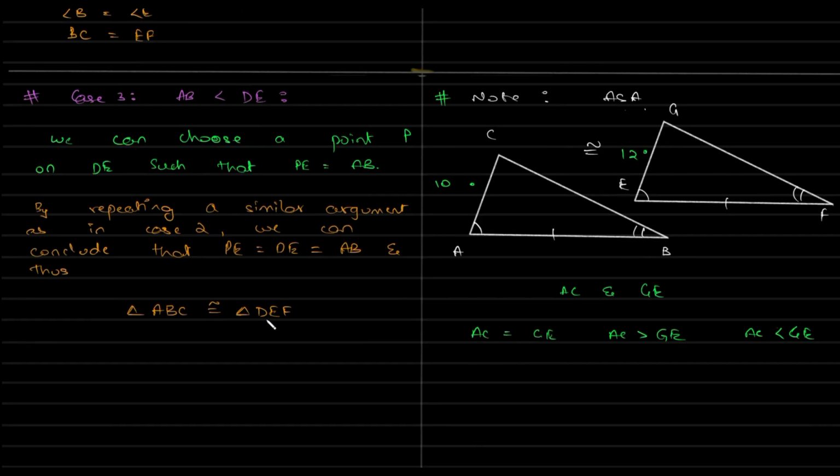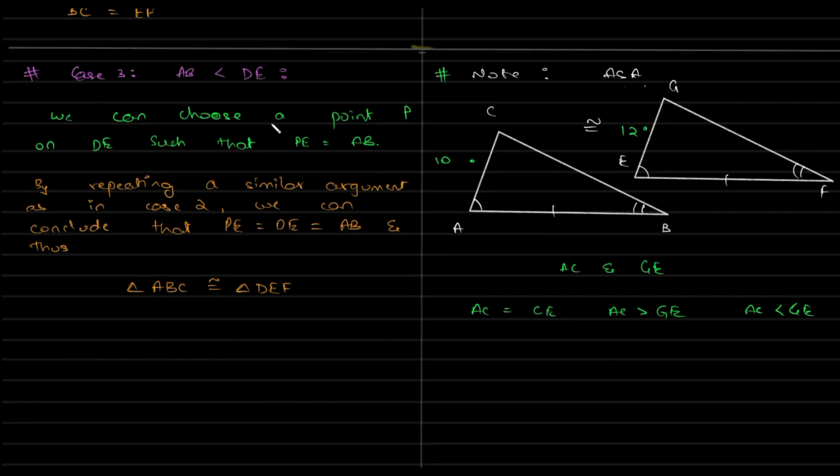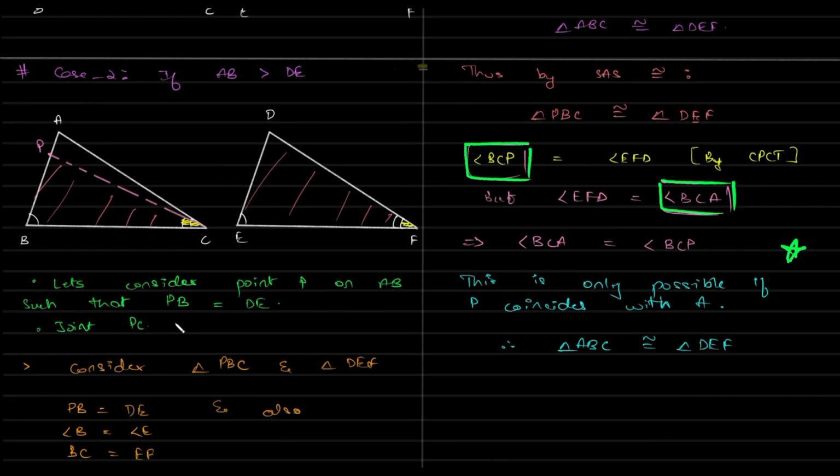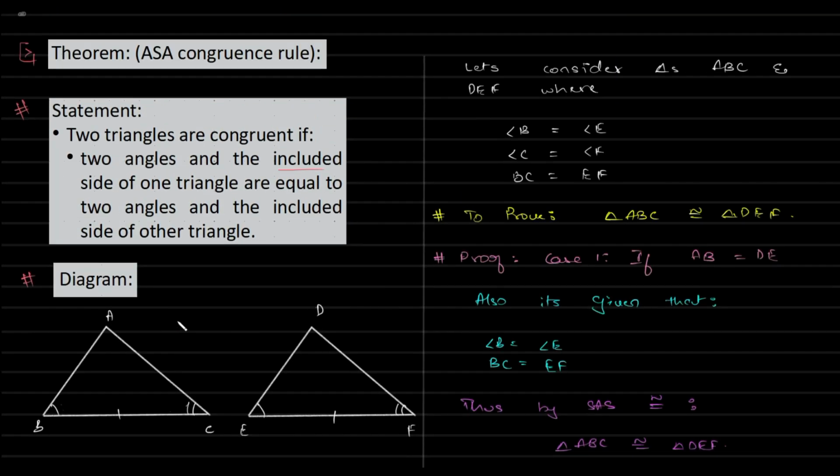The third case is a statement telling that we can prove on the same line wherein we consider point P on DE, so that PE is equal to AB, and by repeating a similar argument as in case 2, we can write this and we are done, right? Very simple, straightforward proof at the start, confusing in a few lines in the middle. If not, it's very simple.